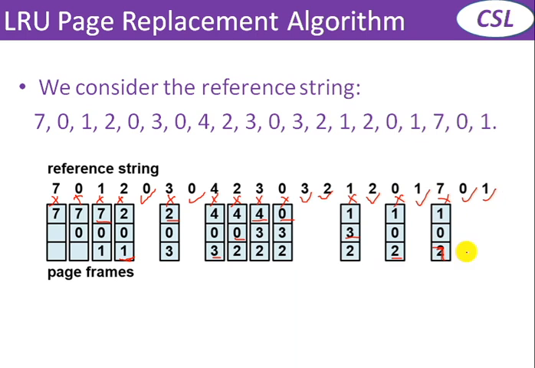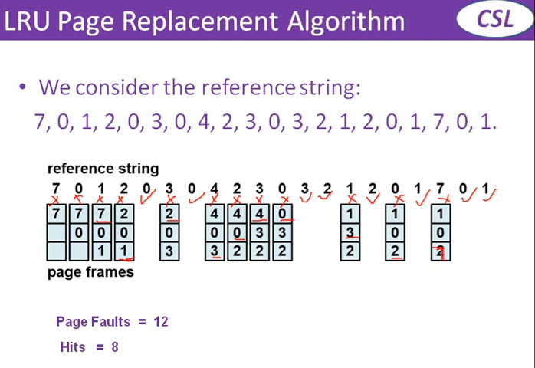In this way we have to fill all the page numbers in the reference string into the available memory. If you count the number of misses, or page faults, there are 12 page faults and 8 hits. When compared to the optimal page replacement algorithm, it will definitely give more page faults.